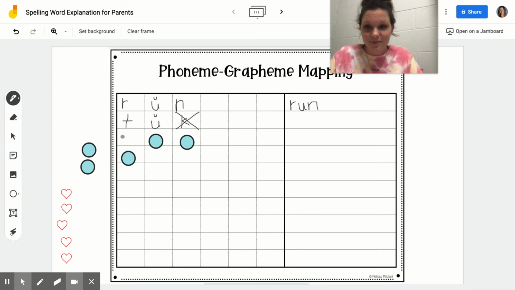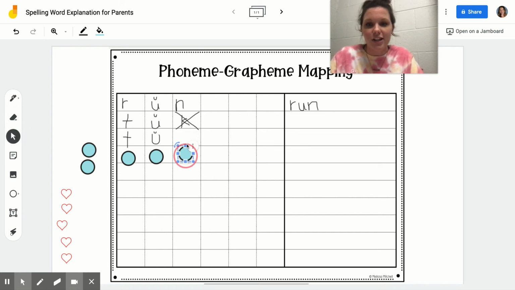T. And it's a short vowel. And the last sound is k. We learned last week when we hear the k at the end, it is C-K.